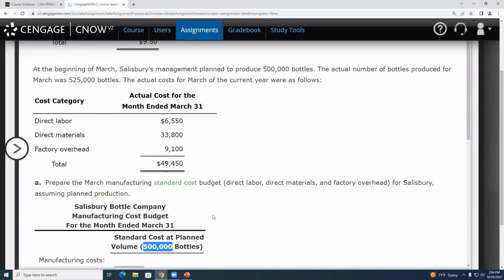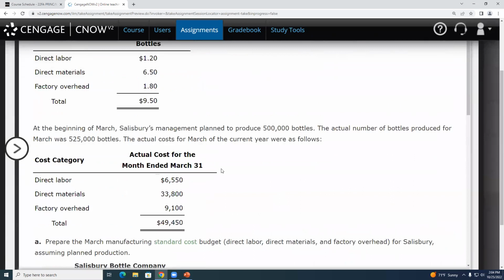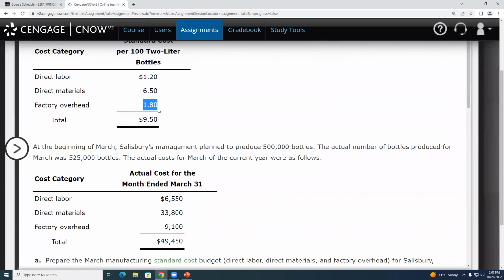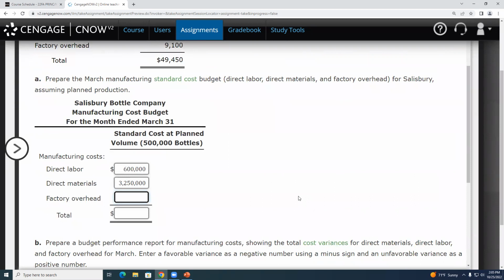Direct materials, we expected to spend $650 per bottle times 500,000 bottles of planned production, or $3,250,000. And the factory overhead in this example, we're given just one rate. So this would be the combination of fixed and variable factory overhead at $1.80 per bottle.